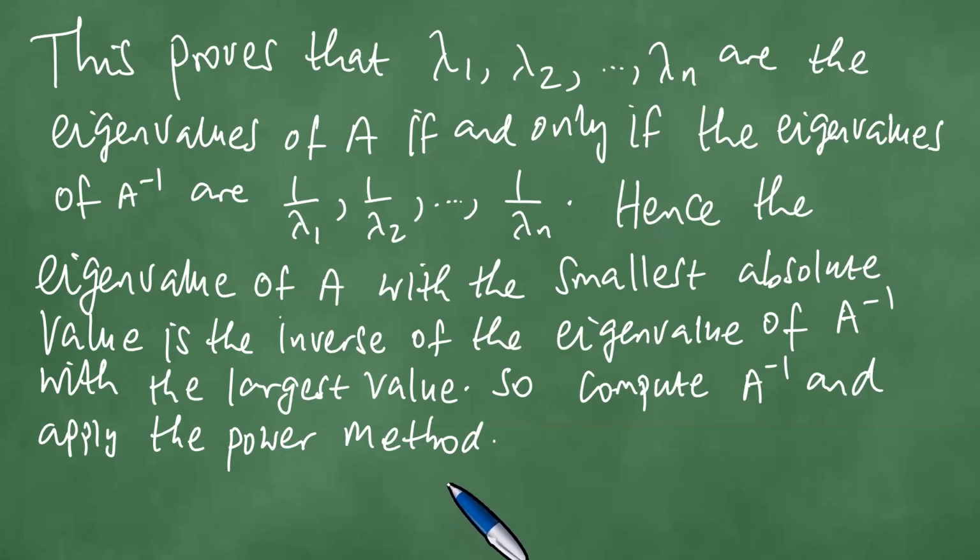What is the next part? The next part focuses on a couple of things, but mainly on the intermediate one. For the dominant eigenvalue, the one of the largest magnitude, we use the matrix A. Of the least magnitude, we use the inverse.